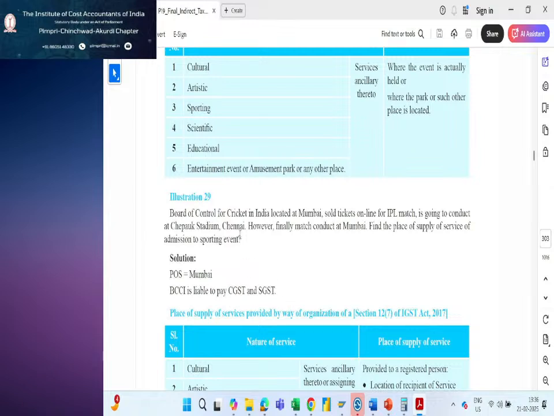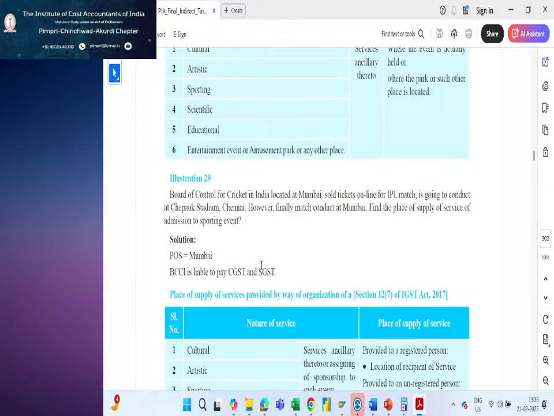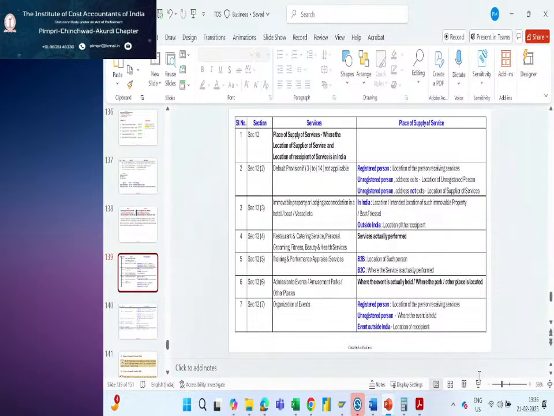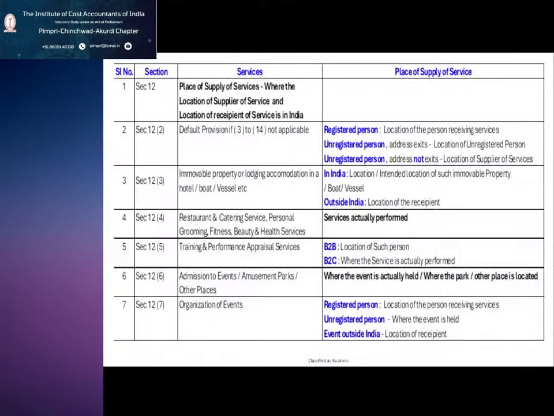Mumbai to Mumbai is an intrastate supply, so CGST and SGST taxes are applicable. These are simple examples just for our reference, and we have problems also in a detailed manner, so that also we will see.